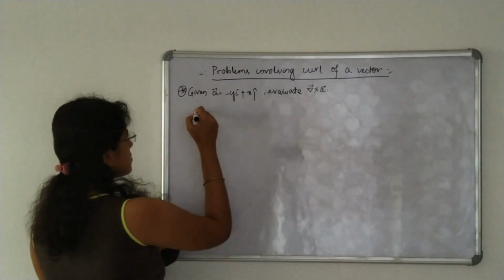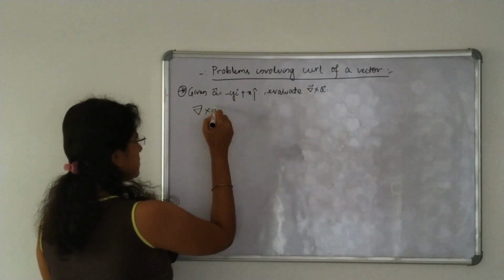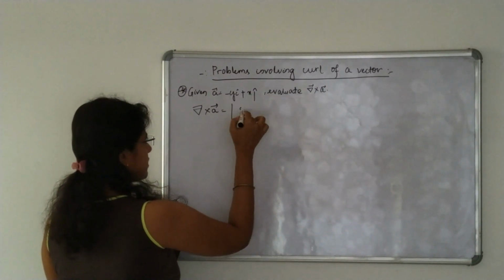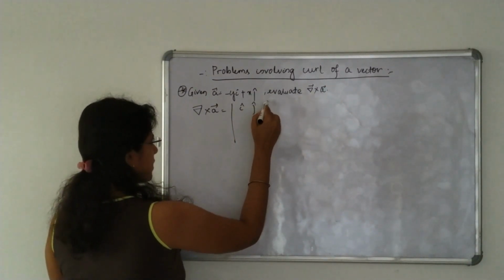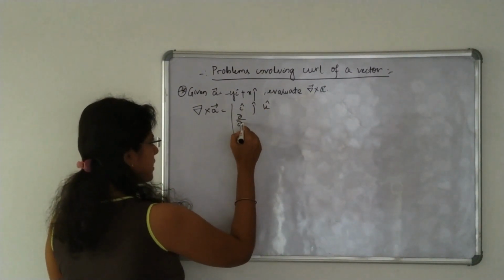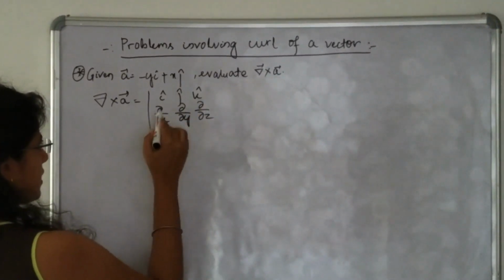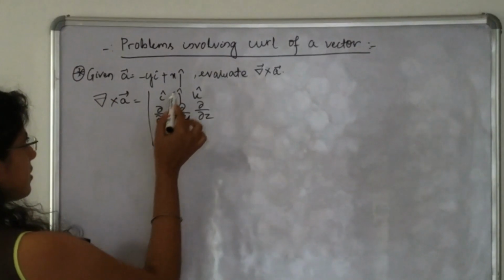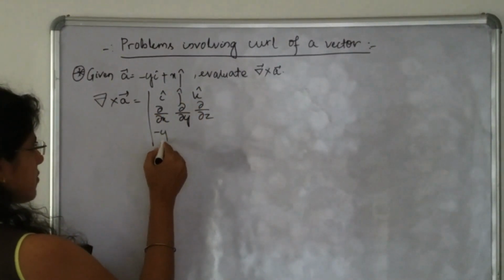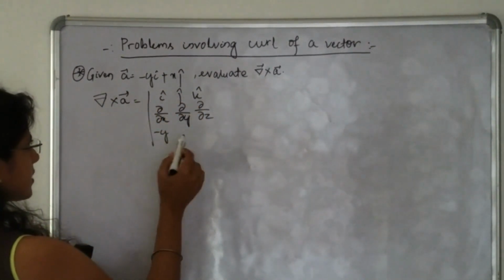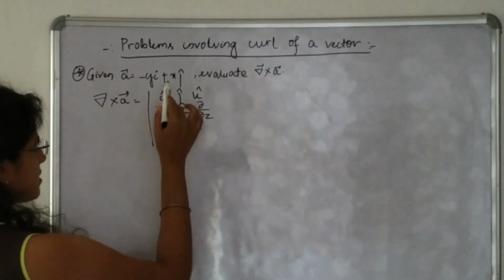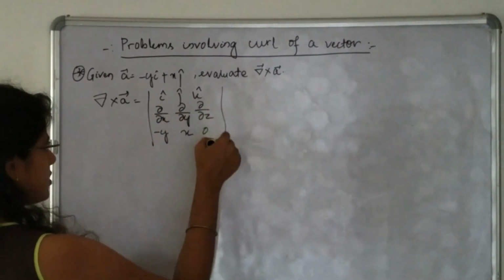Okay. So we know that it is i cap, j cap, k cap, del by del x, del by del y, del by del z. Here the x component of the vector is minus y, the y component of the vector is x, and there is no z component of the vector, so it is 0.